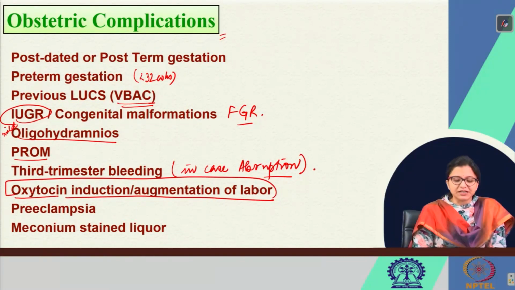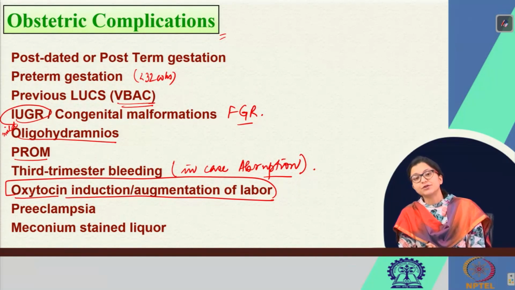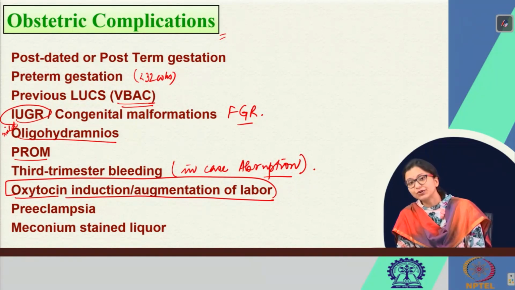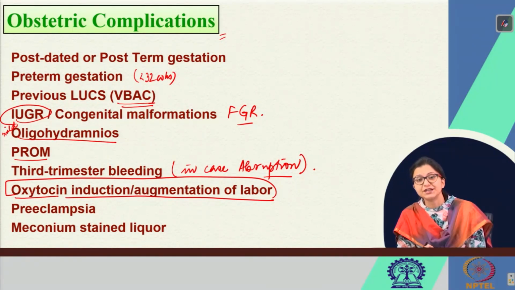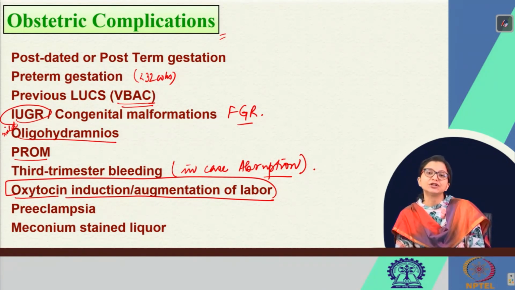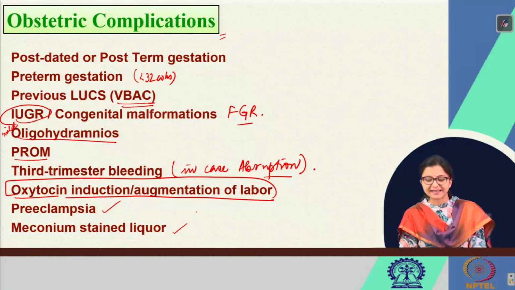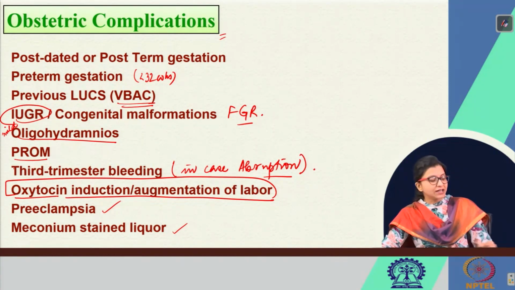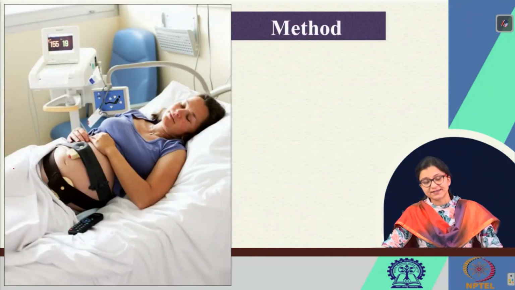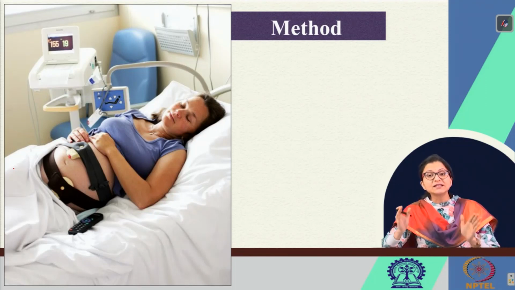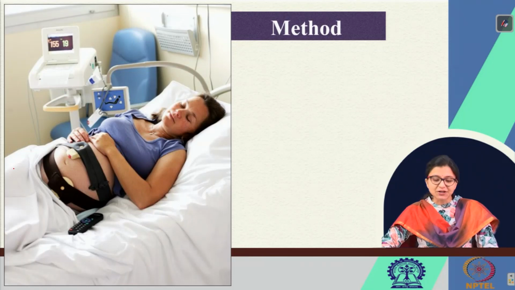This is important: in any mother where you are giving oxytocin infusion, CTG monitoring is mandatory. Other complications like preeclampsia and meconium-stained liquor, you need to go for continuous CTG trace. So, that was about the mothers who need continuous CTG monitoring.